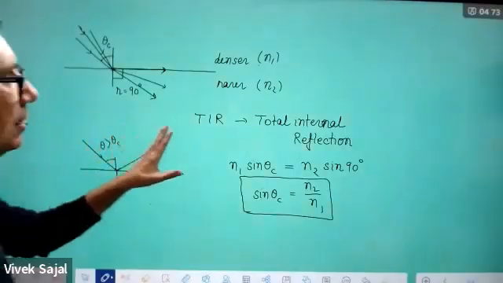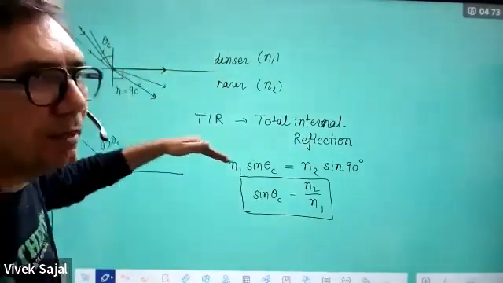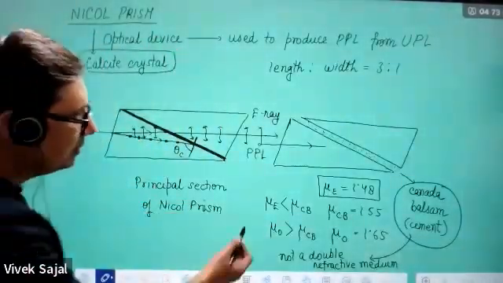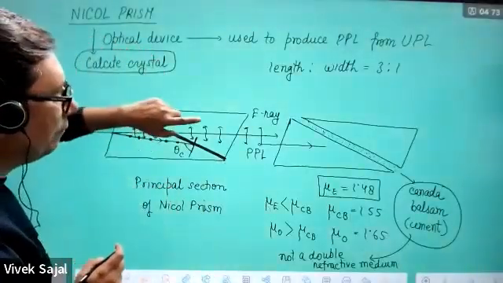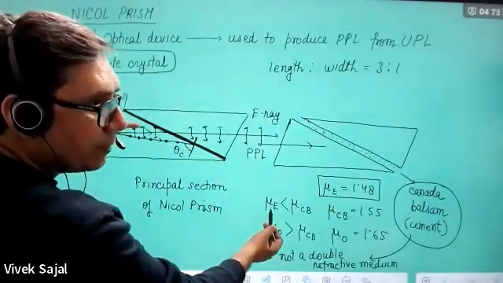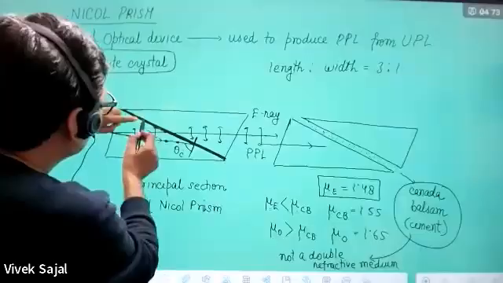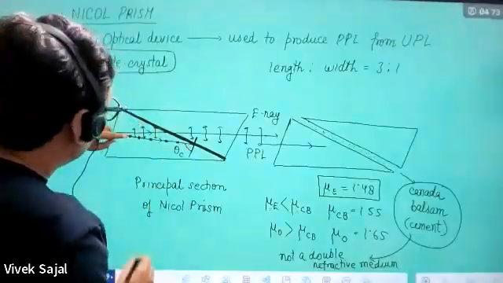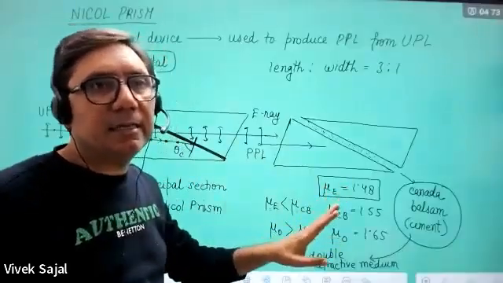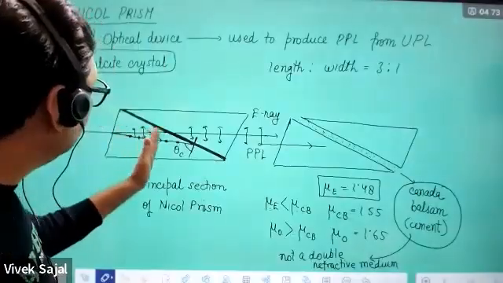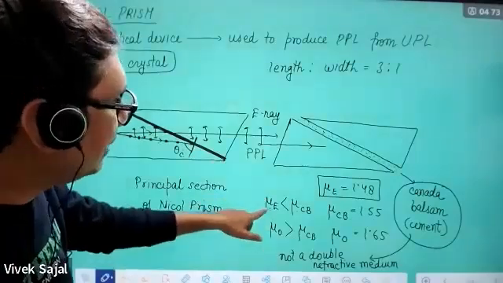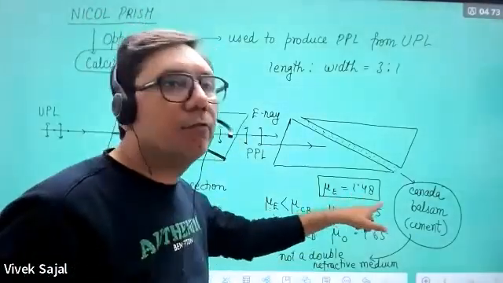What is important here is that light should travel from denser to rarer medium. Try to understand these two conditions. First, look at the E ray. The E ray was traveling in calcite crystal, where the refractive index of the extraordinary ray is 1.48.